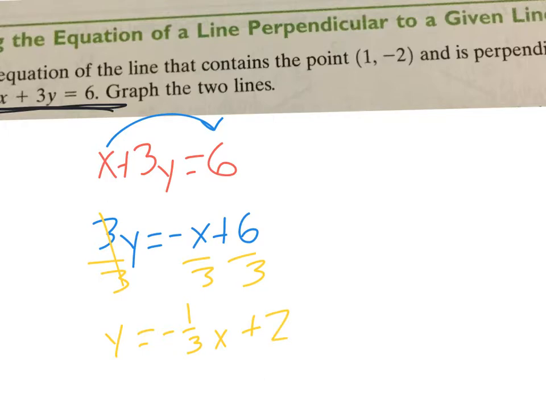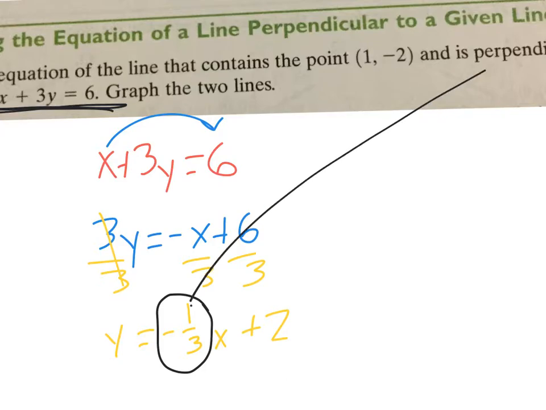So now what's the slope of this line? It's negative 1/3. Now I know my line is perpendicular to this line, so the slope of my line is going to be positive 3. Very good.